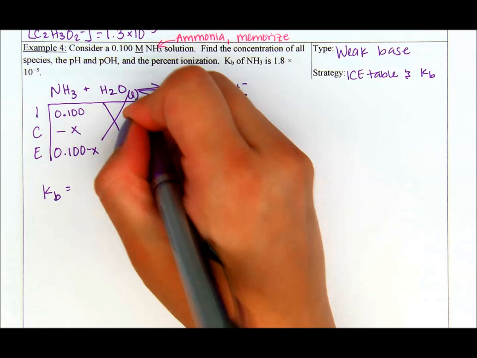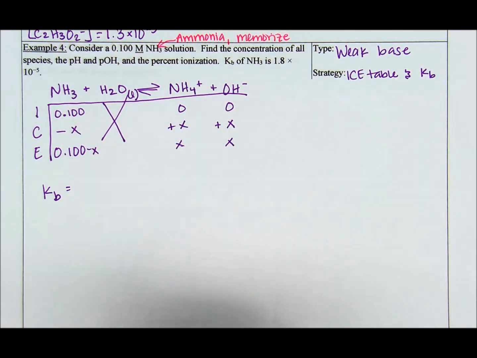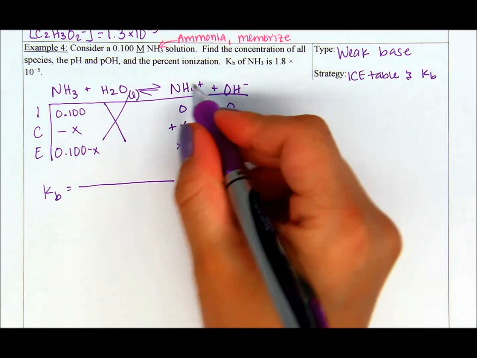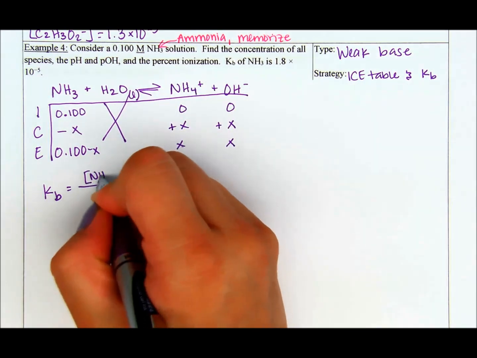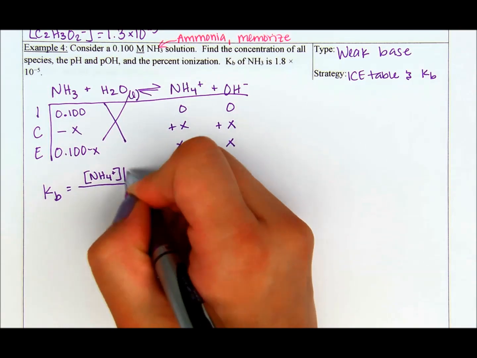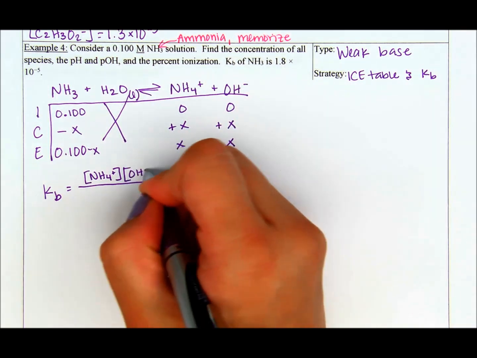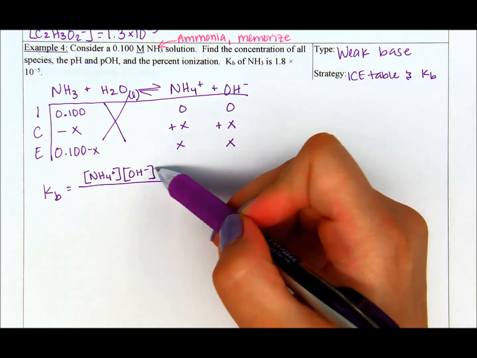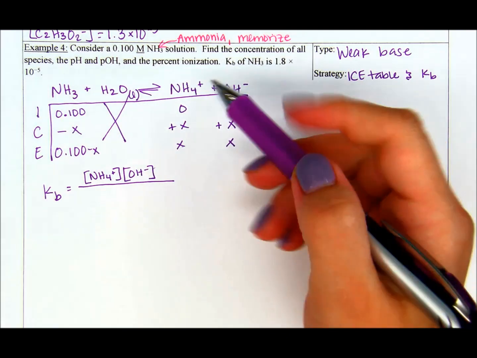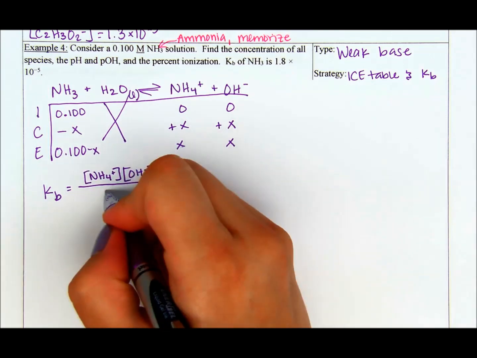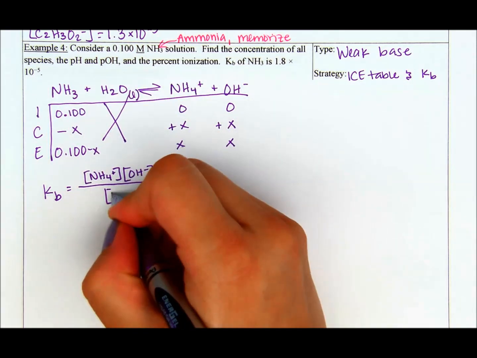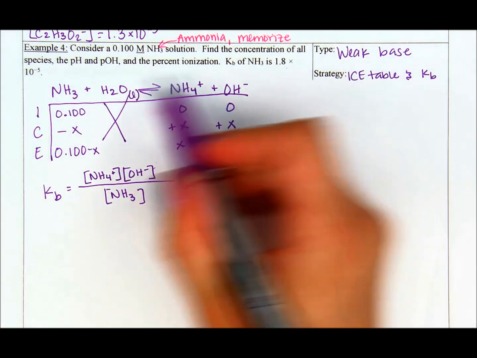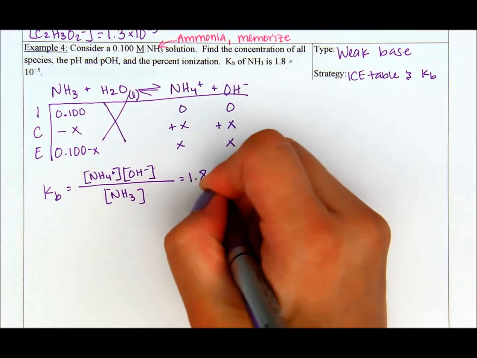H2O, of course, is a pure liquid, so that is not going to be included in your Kb expression. So our products, the concentration of NH4 plus times the concentration of hydroxide. And if you were to have a coefficient here, for example, a 2, that would be squared, just like before. But right now we don't, so it's an invisible 1. Over my reactant, so NH3. And our Kb here is given to us, 1.8 times 10 to the negative 5.